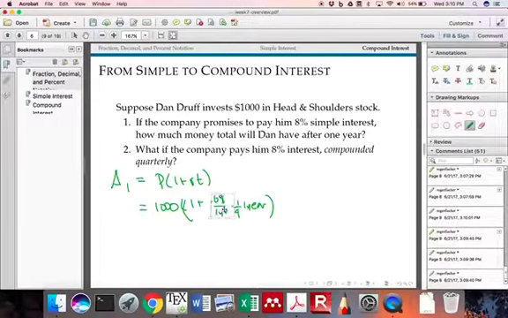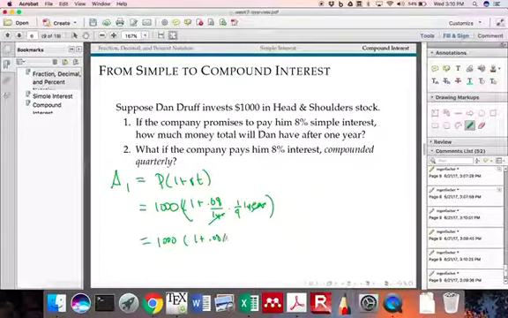So we get 1,000 times (1 plus 0.08 over 4), better known as 1,000 times 1.02, which is 1,020. So I know what you're thinking, but that's not as good as what we got last time. We got 1,080, but remember, this is only 1/4.